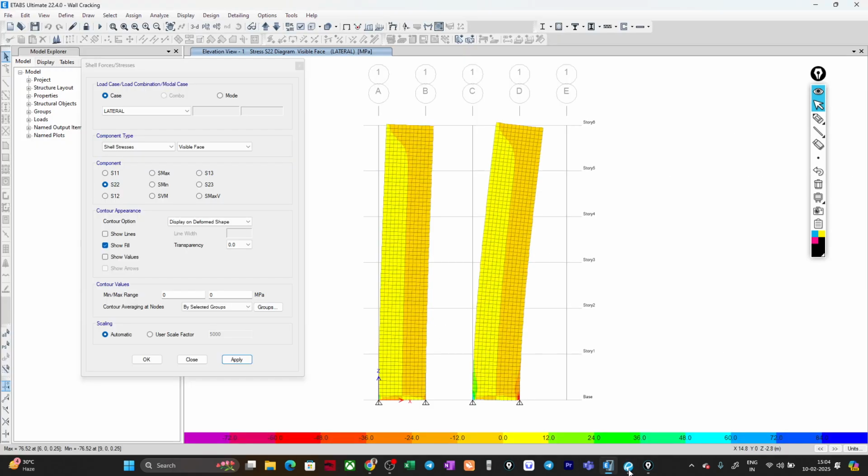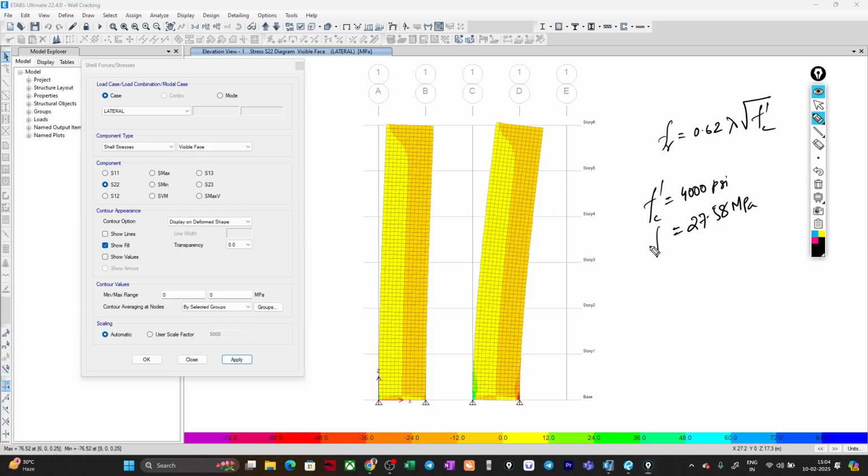So let us jump into the model. The Fr value that we'll get is 0.62 lambda root under Fc prime. Now we considered Fc prime equal to 4000 psi, which is around 27.58 MPa, or Newton per mm square.